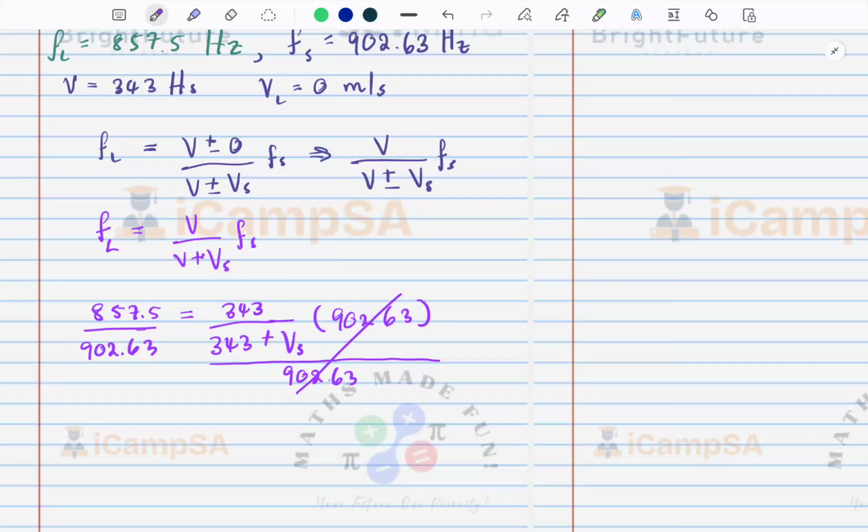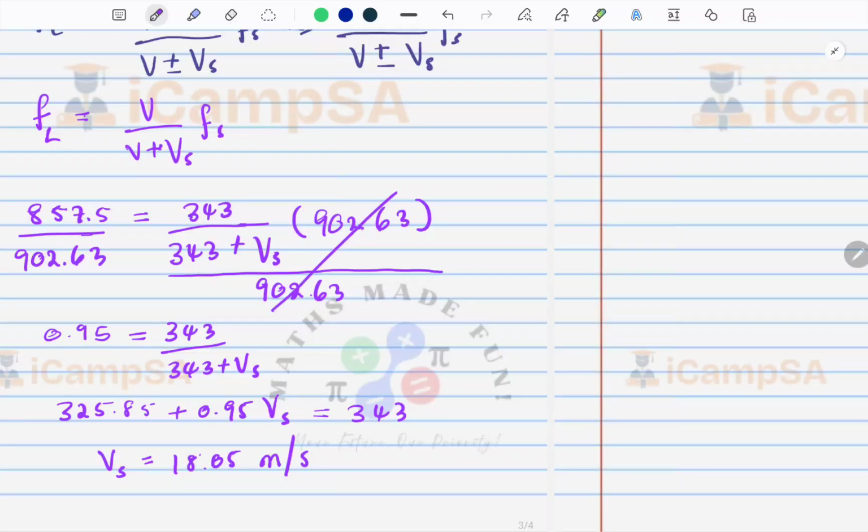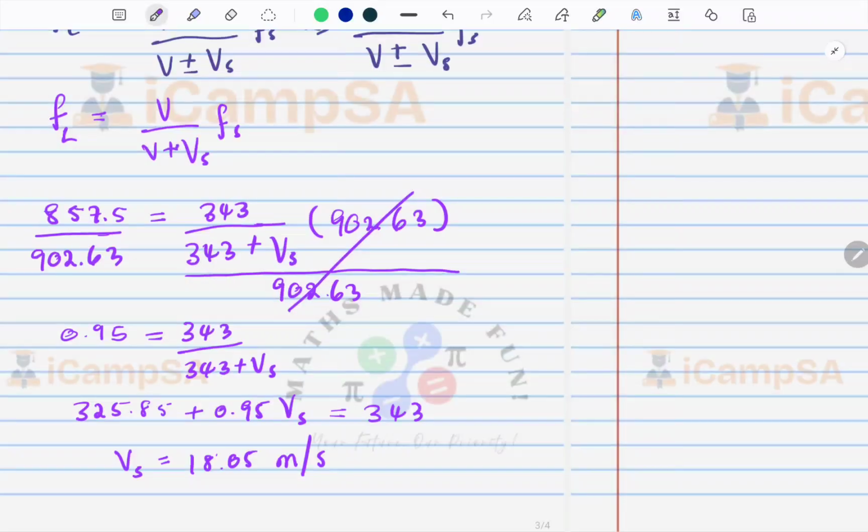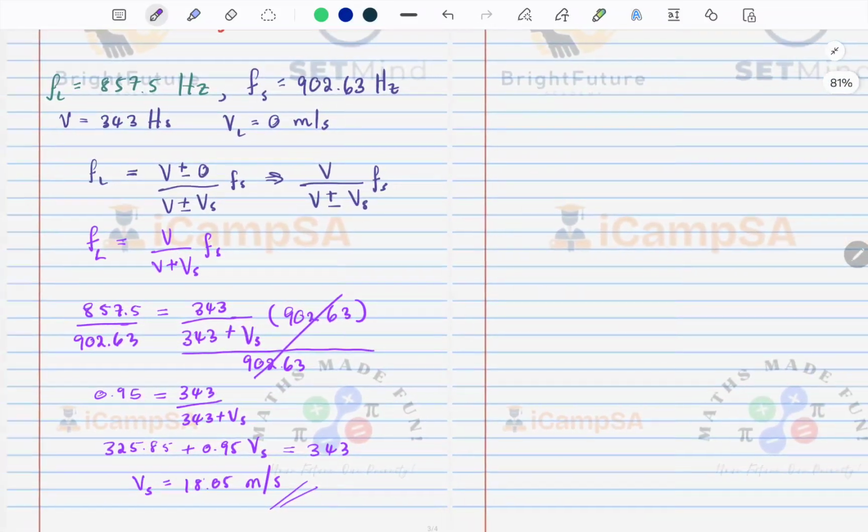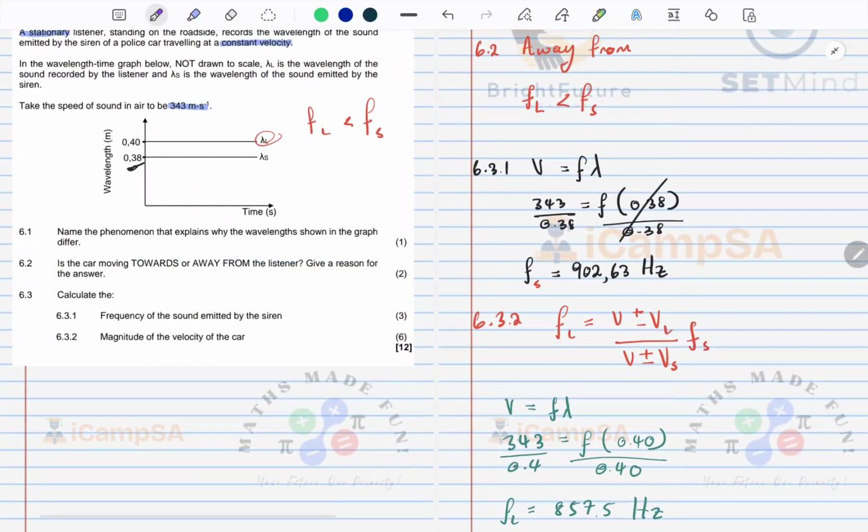Let's see what we get from here. Okay, so I've simplified it. You end up with 18.05 meters per second. And that is the velocity of the source, which is the velocity of the car.